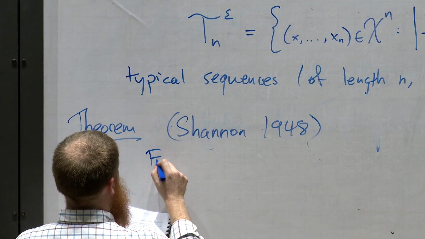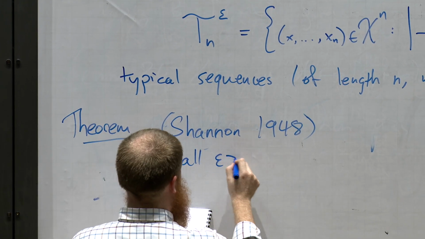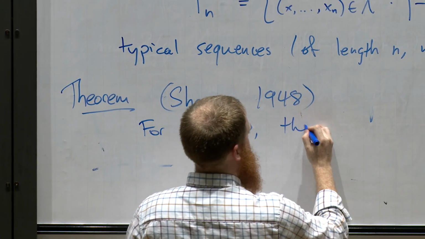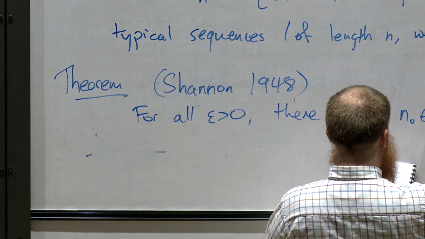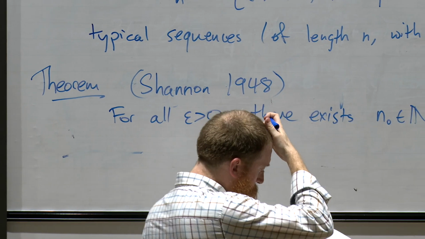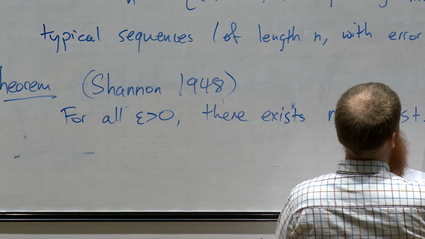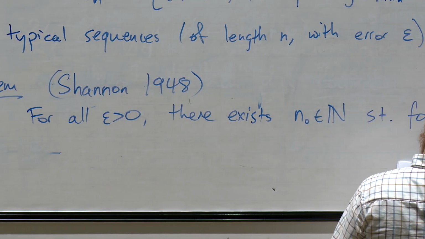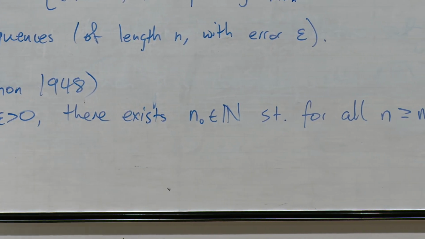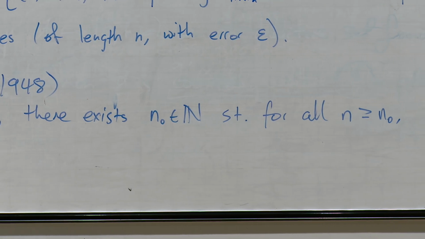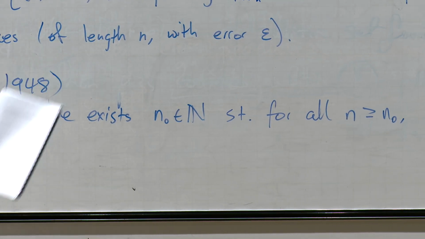Okay, so for all epsilon greater than 0, there exists an n naught in N, such that for all n greater than or equal to n naught, three things are true. The first is, well, this statement holds.